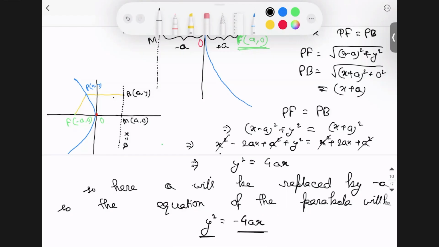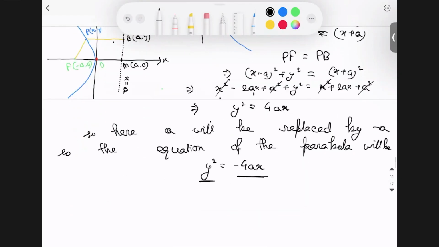So y square denotes that this is our x-axis and that is the y-axis. If the focus is on the x-axis, the equation will be of the form y square equals plus or minus 4ax. So let me just point out this fact.